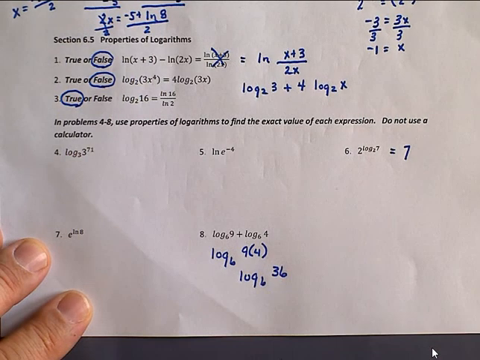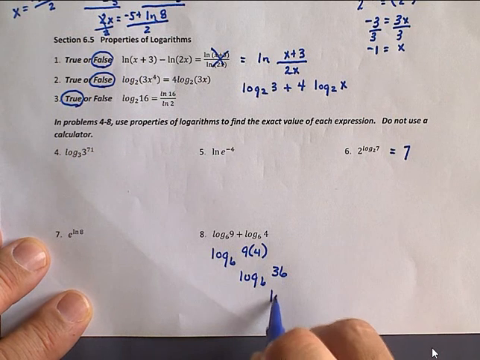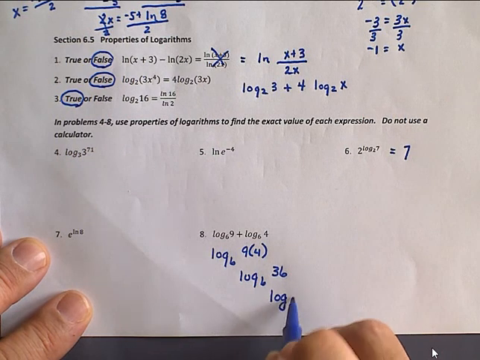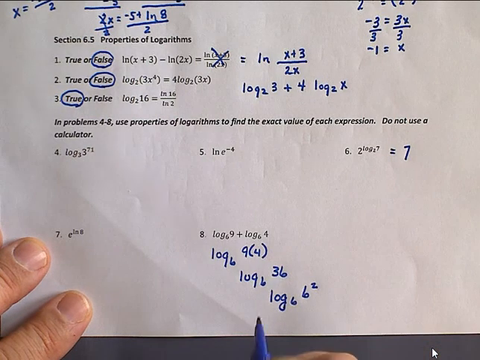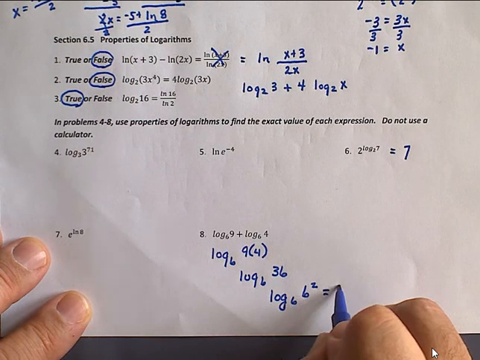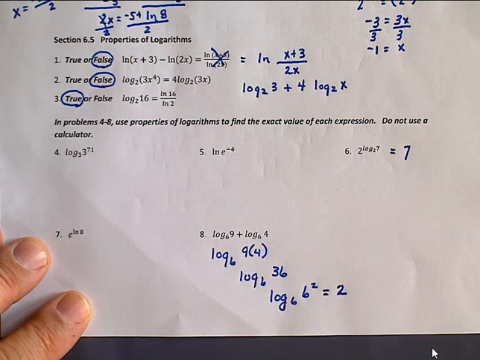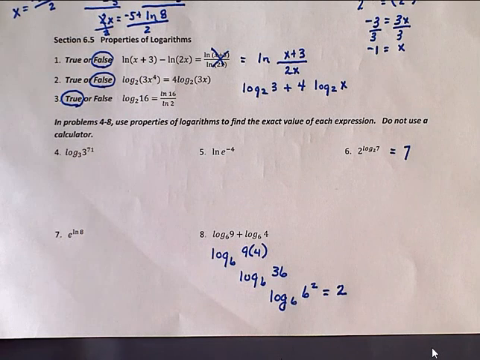Well, I see some overlap here. 36 is the same thing as 6 squared. Now I have some similar bases. Log base 6 here. They cancel out. All that's left is the number 2. Okay. Next group of questions. Here's where we're going to start expanding and condensing.